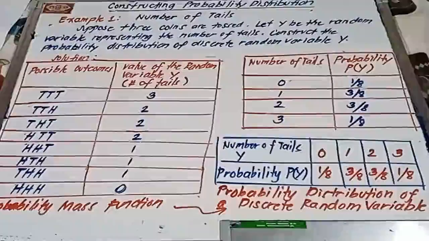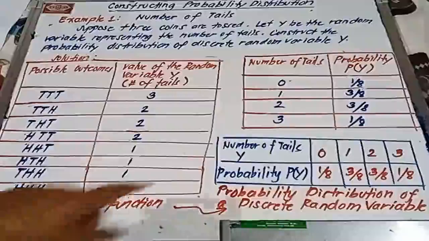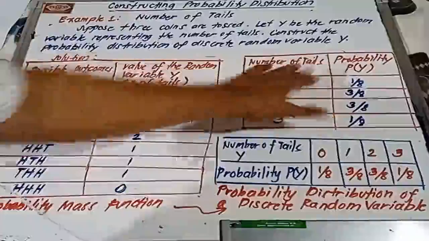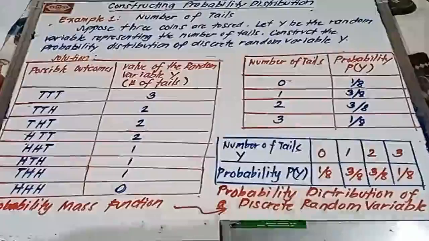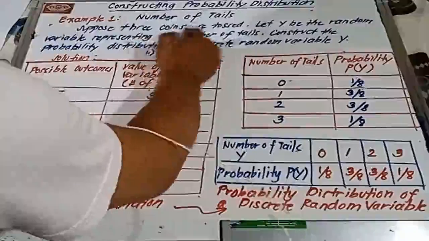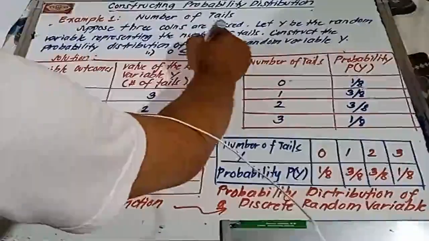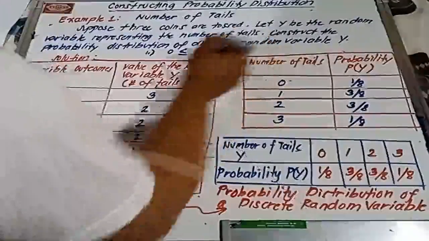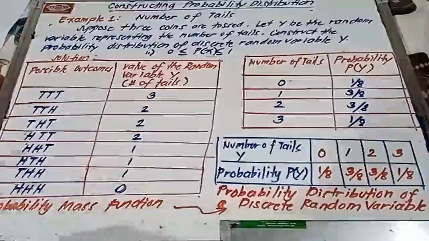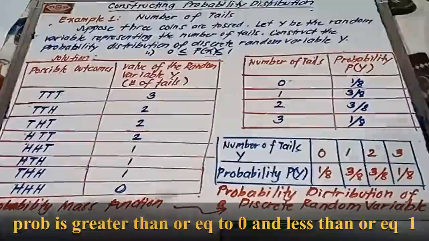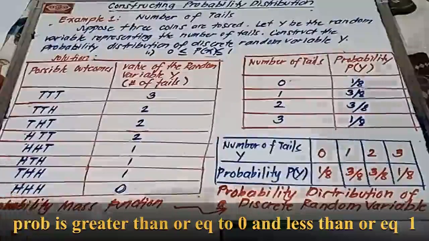Okay. Isa pa, kung babalikan natin yung properties of a probability distribution, mapapansin natin, bawat isa na probability value of these elements is, number 1, ano yan? Probability of x is less than or equal to 1. So, lahat yan, yung values niya is greater than 0 but less than 1.